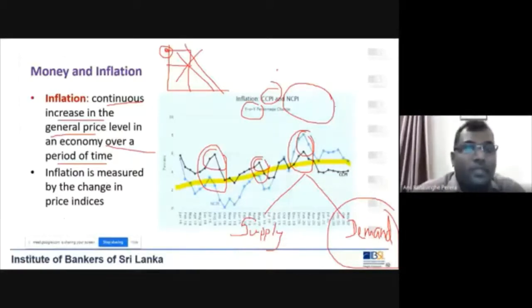So what happens? You demand more, there's only limited supply, so the pen prices would increase. Now those 5 pens, earlier 20 rupees, will increase to 200 rupees per pen. Why is that? Demand drives the price. How did this demand come about? Because money income, or the availability of money, has increased. So demand side inflation is basically related to money.